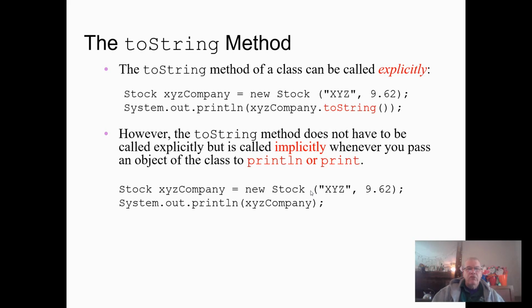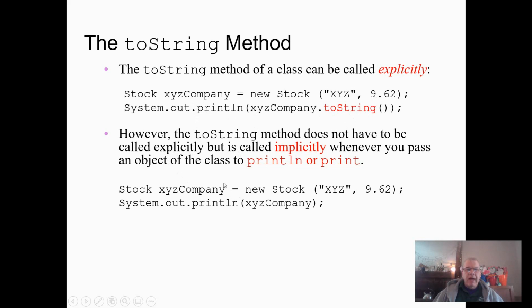Now you can call toString explicitly, like we show here. In this StockCompany, we have the ticker symbol XYZ and the price 9.62. We can call it explicitly with toString, but the interesting thing about toString is that it doesn't have to be called explicitly.